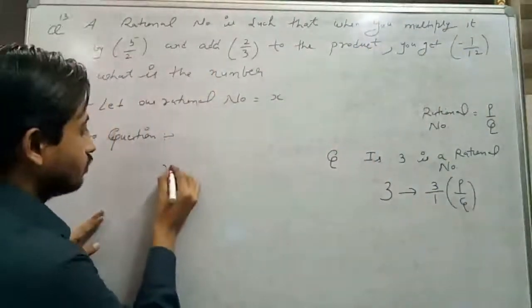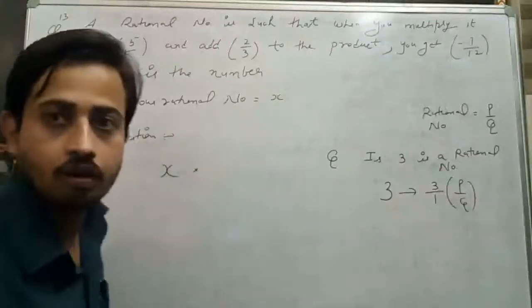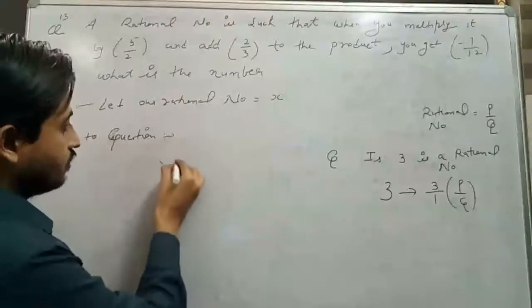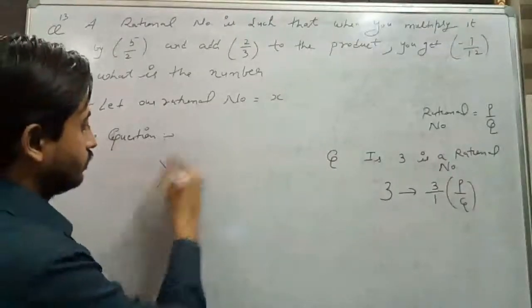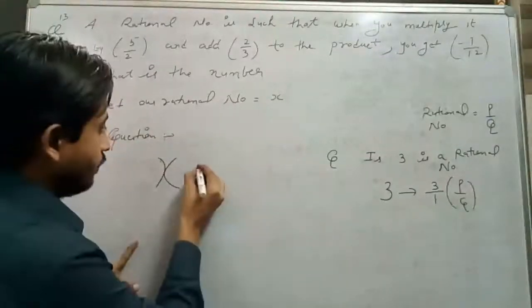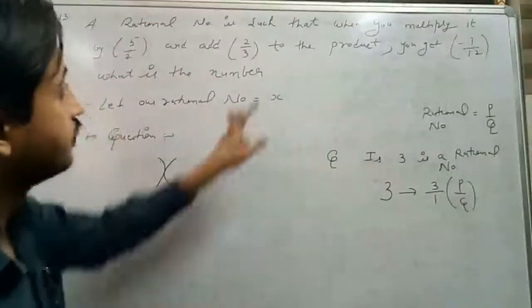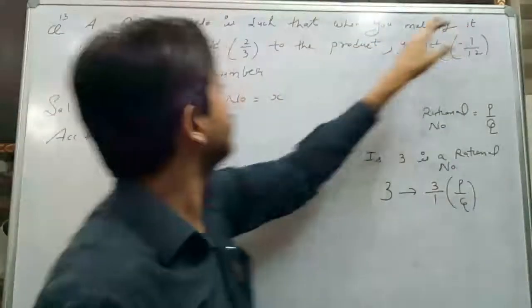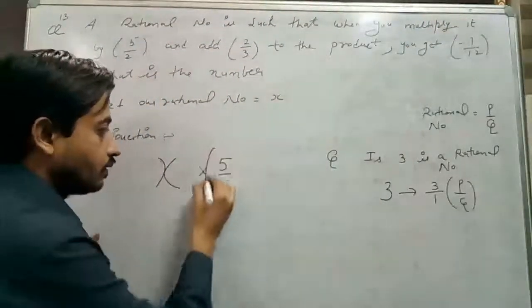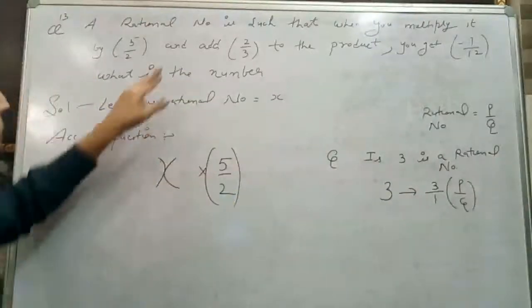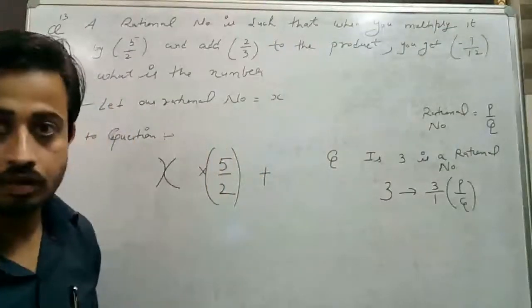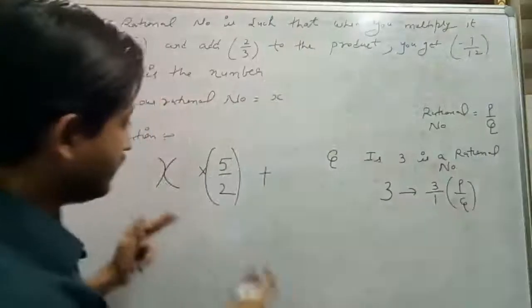Our rational number is x, and we have to multiply it by 5 by 2 and add. It means if we add them, the product is this number.